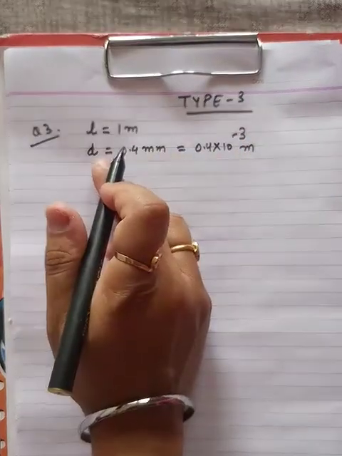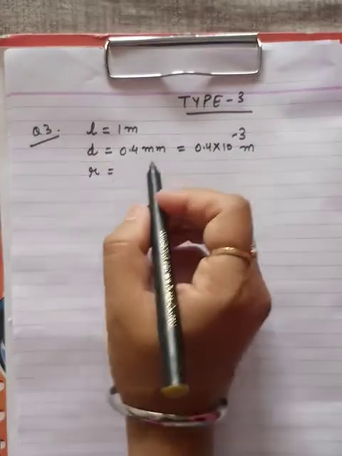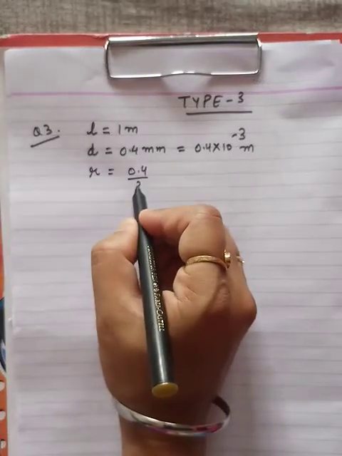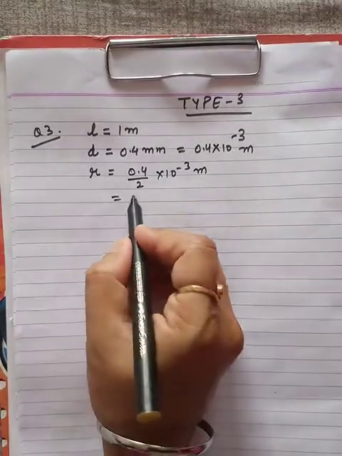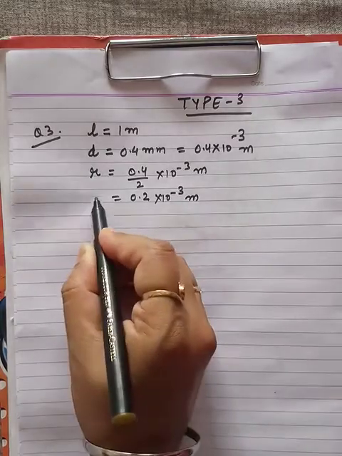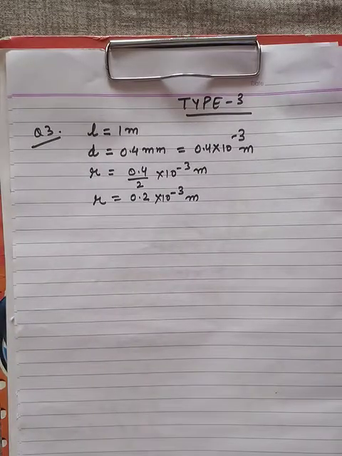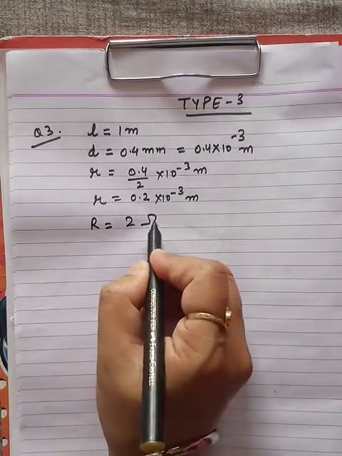Because diameter is given, I can write down the radius value. It is just half of that, divided by 2. So radius is 0.2 multiplied by 10 raised to power minus 3 meters. Resistance is also given, that is 2 ohm.